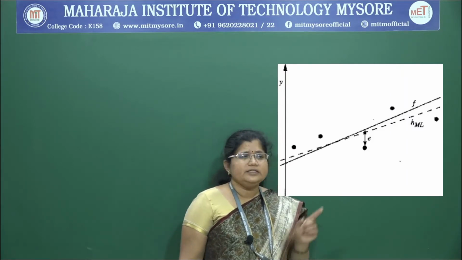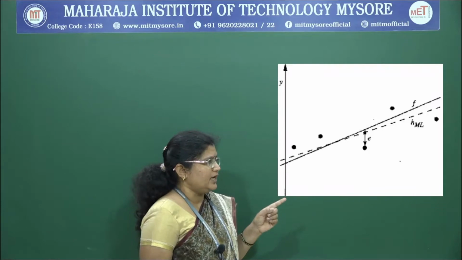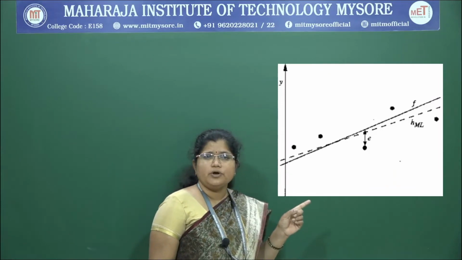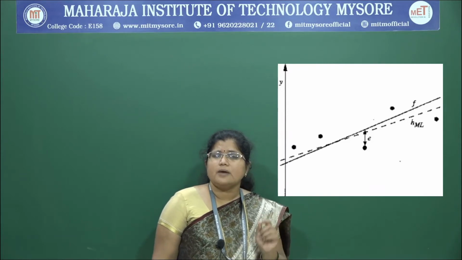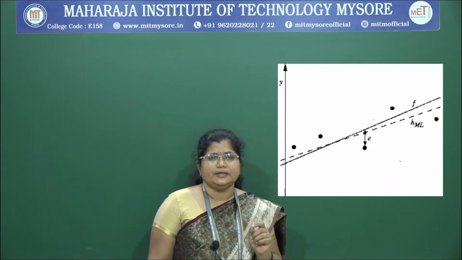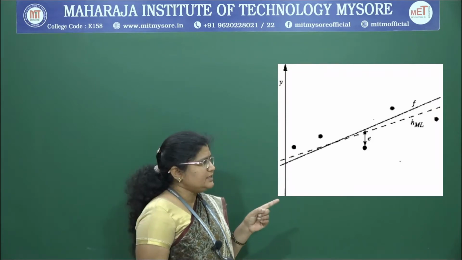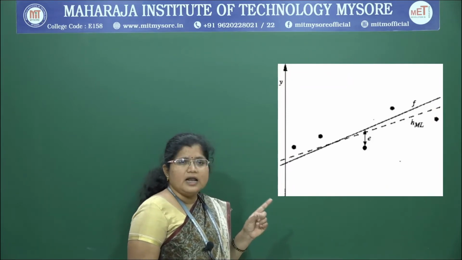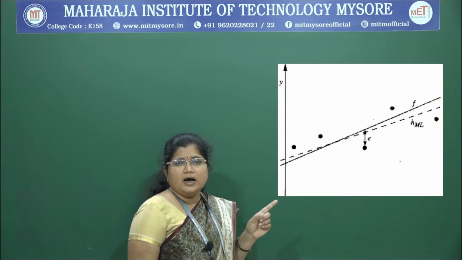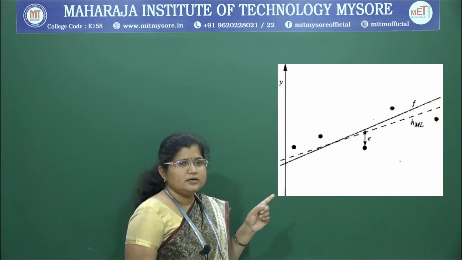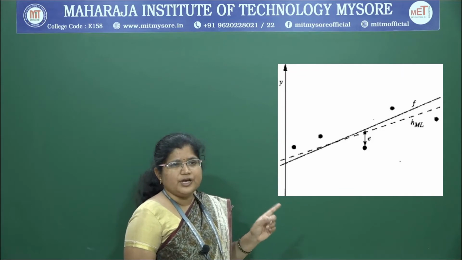The dashed line corresponds to the linear function that minimizes the sum of the squared error. Therefore, it is the maximum likelihood hypothesis HML given these 5 training examples.